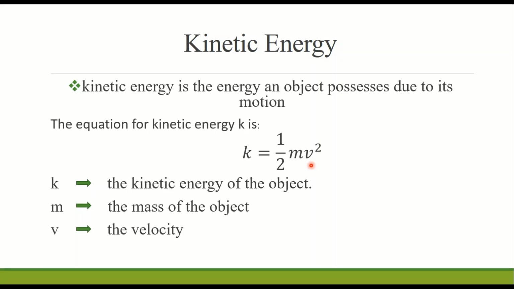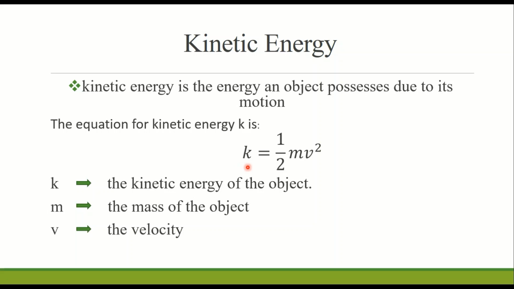This means that if either the mass or the velocity increases, the kinetic energy will increase as well. Moreover, the relationship between kinetic energy and velocity is particularly noteworthy because the velocity is squared in the formula. This means even a small increase in velocity can lead to a significant increase in kinetic energy.